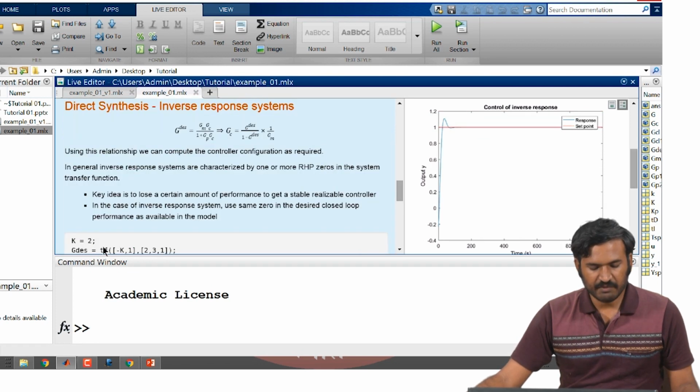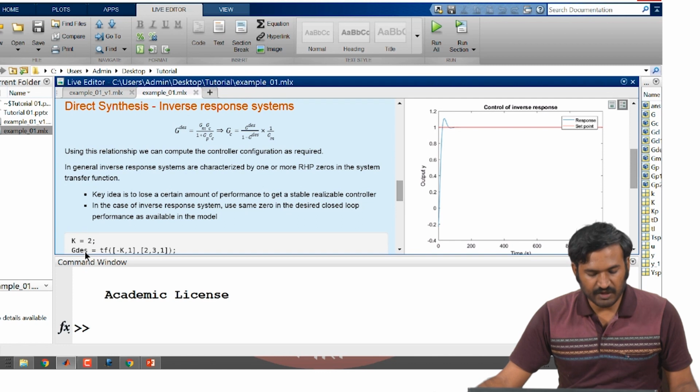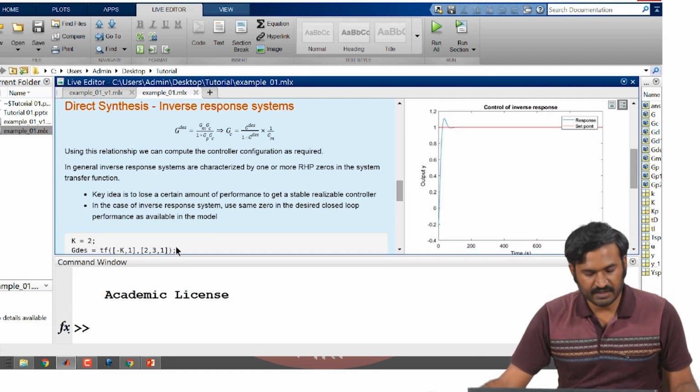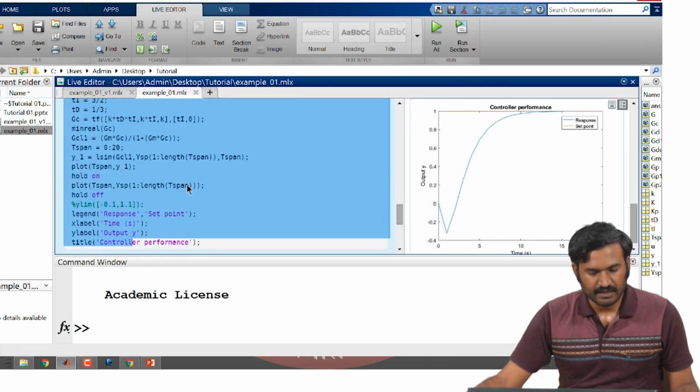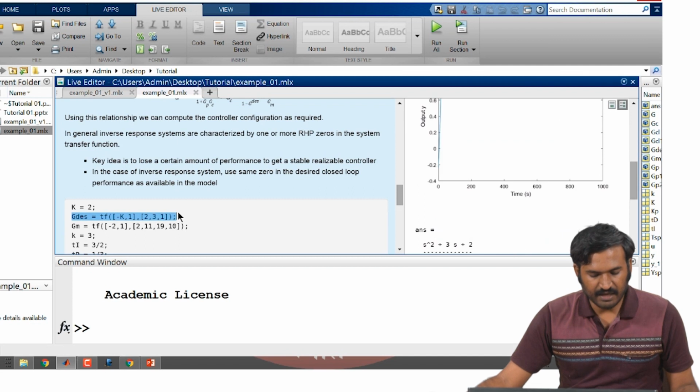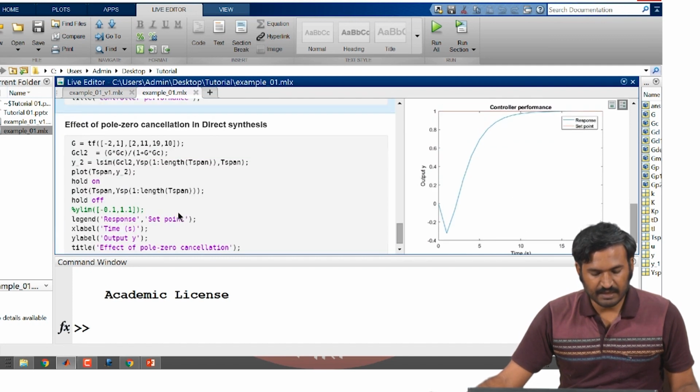Now, remember that we have designed the controller using the same zero which is 1 minus 2s in this G desired, and we are using the same controller for a system which has the same zero at 2 on the right half of the plane.